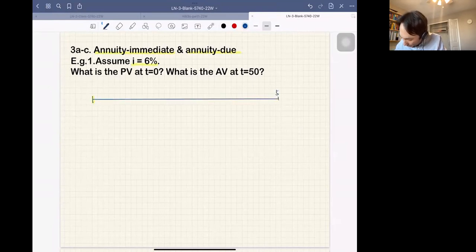Of cash flow, but only every 5 years. Suppose that you receive $100 at time 10, and 100 at 15, 20, 25, up to 50.